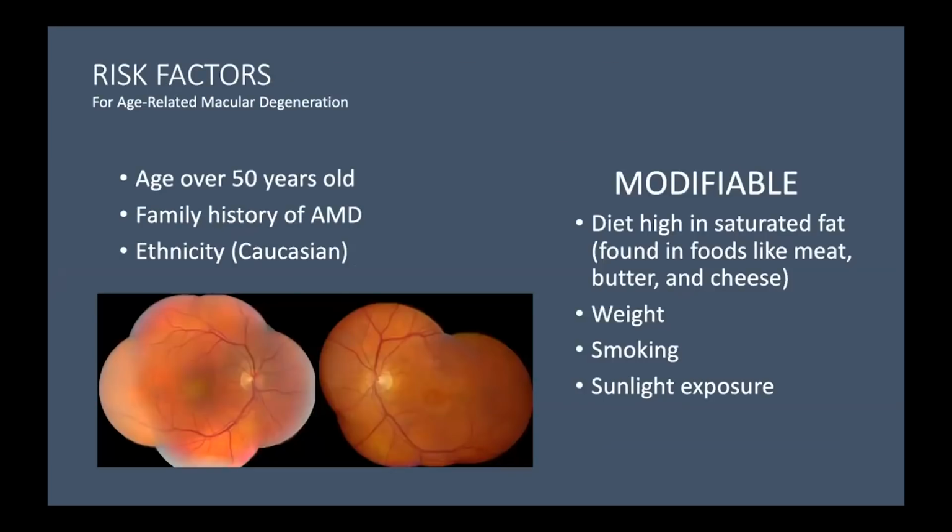The risk factors for macular degeneration include age over 50 years, family history of macular degeneration, and ethnicity, with macular degeneration being most common among Caucasians. There are also modifiable risk factors. So a diet high in saturated fat, such as meat, butter, and cheese, can increase the risk of macular degeneration.